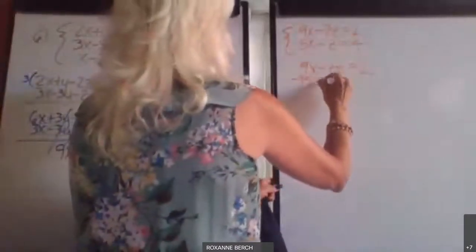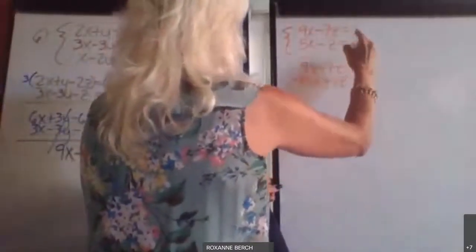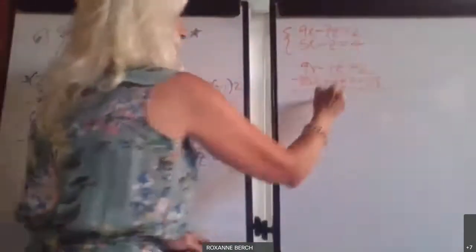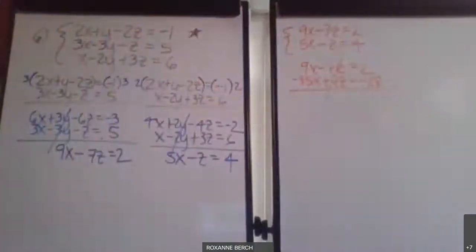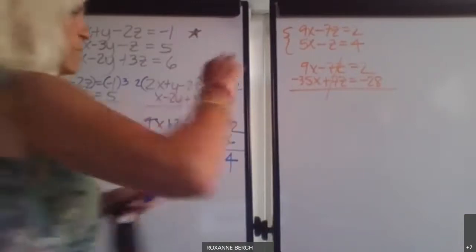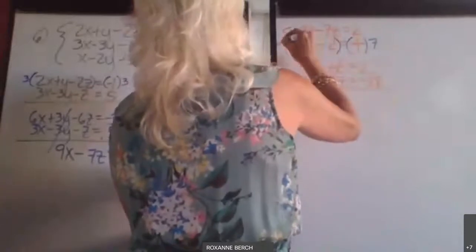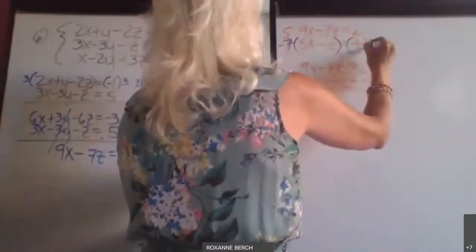A -7 would make it positive, and -28. So I can eliminate the z. Just follow that? I multiplied the bottom by -7.